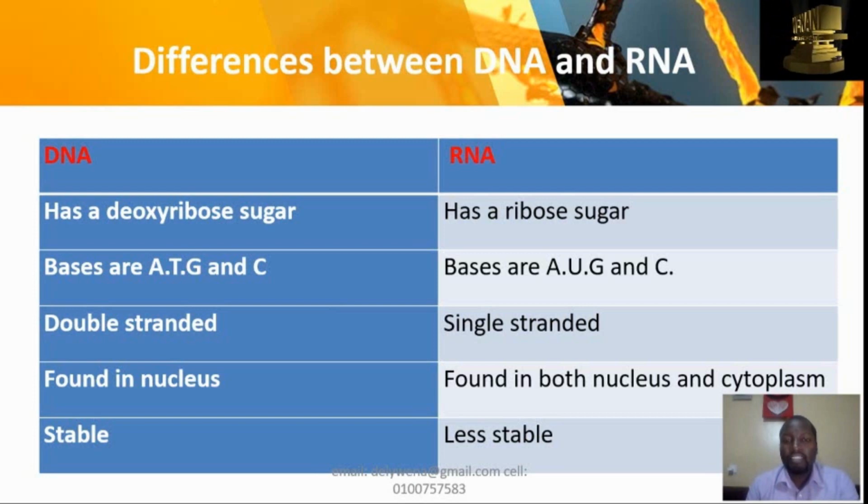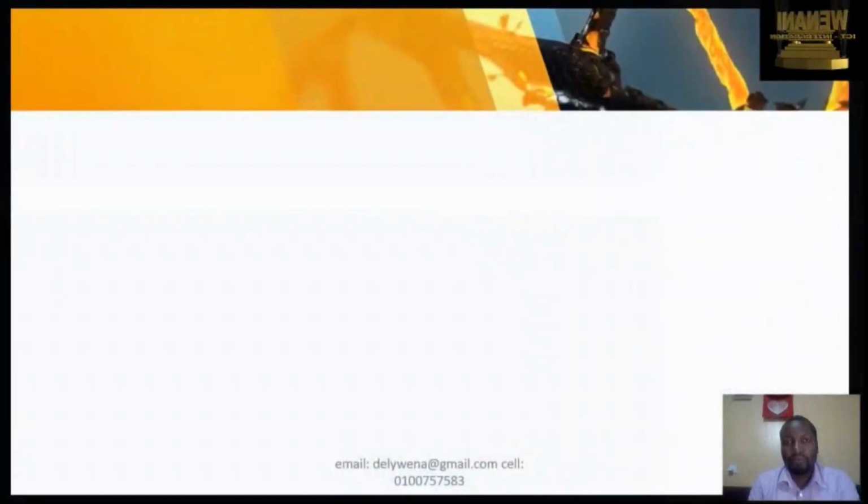While the RNA bases are A, that is for adenine, U is for uracil, G is guanine, and C is for cytosine. Now, the DNA is double-stranded, while RNA is single-stranded. DNA is found in nucleus, but RNA is found in both nucleus and cytoplasm. DNA is stable, while RNA is less stable.